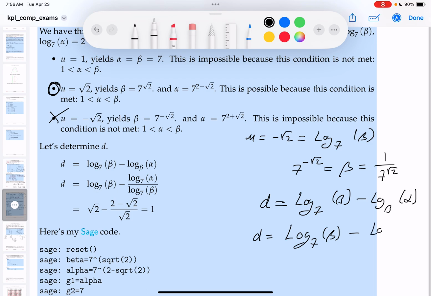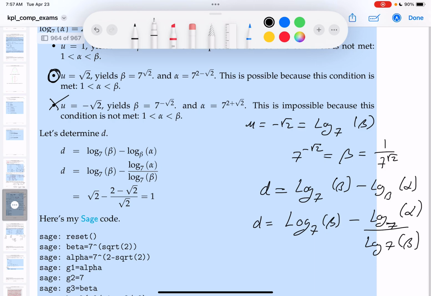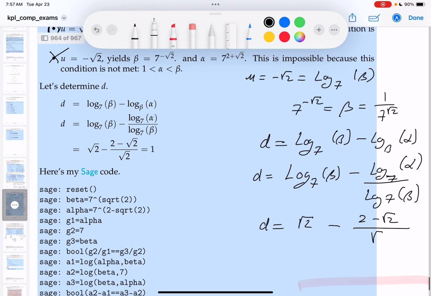Minus, that's going to be log base 7 of alpha over log base 7 of beta. All right, let's remind ourselves that we got some things over here. And d, the log base 7 of beta, and again, I want to point out we're concentrating over here, is just root 2 minus the log base 7 of alpha. That's going to be 2 minus root 2. And the log base 7 of beta is just root 2.